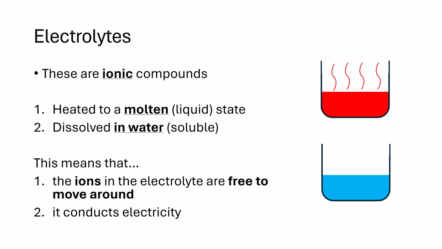Electrolytes are ionic compounds, which means they have positive and negative ions in them. The ions have to be able to move in order for electrolysis to occur, so we need to have them in liquid form, either by heating them up to high temperatures, making them molten, or if they are soluble, we can dissolve them in water, and this will allow for electricity to be conducted through them.